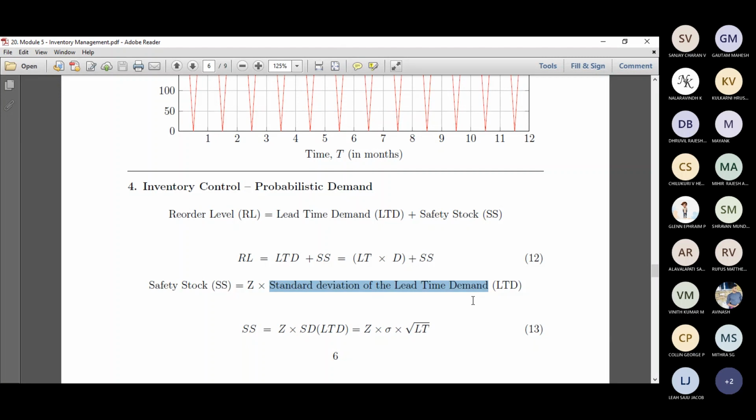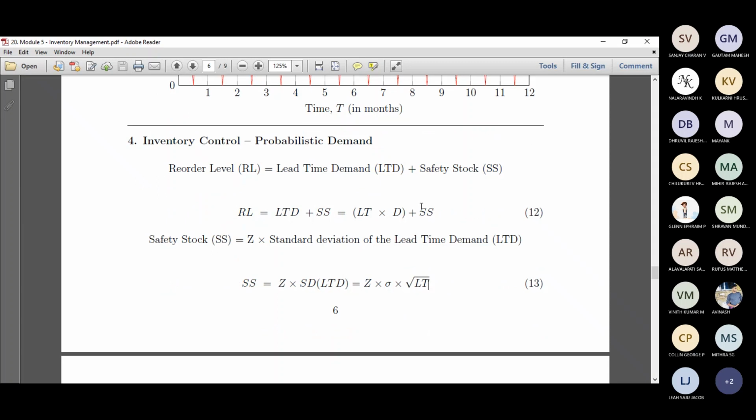So that's the comprehensive concept. Multiplied by Z, it will give us the safety stock, right? And then the standard deviation of lead time demand can be computed as the standard deviation multiplied by root of LT, the lead time. So this is the formula. You should really keep this in mind during examination: safety stock is Z times the standard deviation of LTD, which is nothing but Z times the standard deviation multiplied by root of LT.